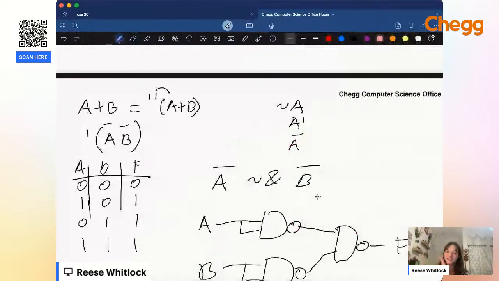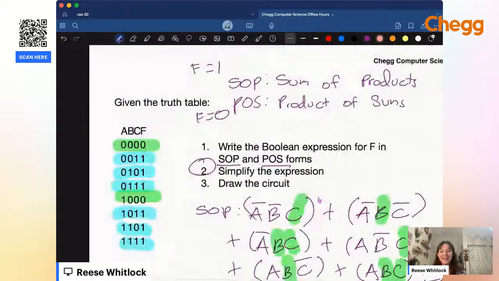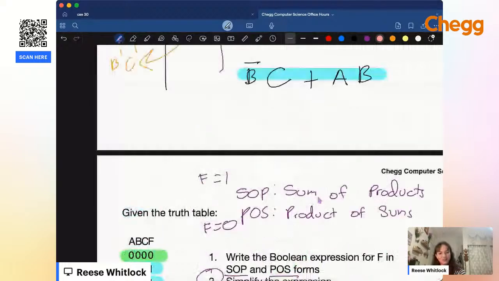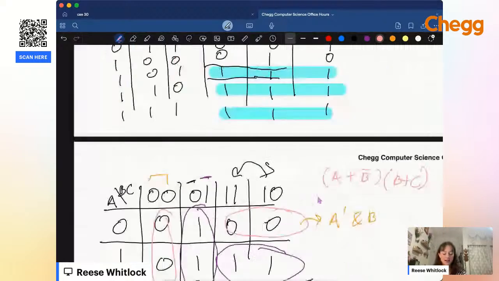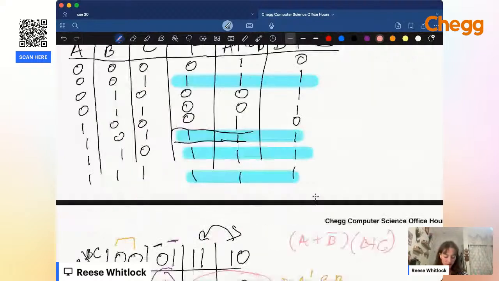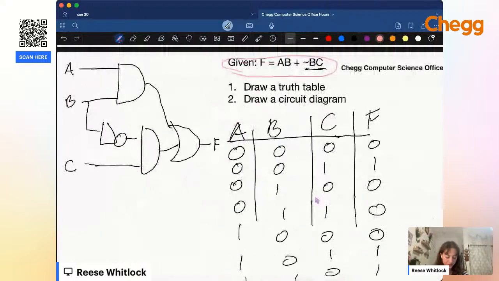I get it mixed up all the time because it's the same letters, but if it's product of sums, we know that it's getting multiplied at the end and summed first. And if it's sum of products, then we know it's getting added at the end and multiplied first. But it doesn't matter as long as you know the way to write each equation and make sure that they're equivalent.